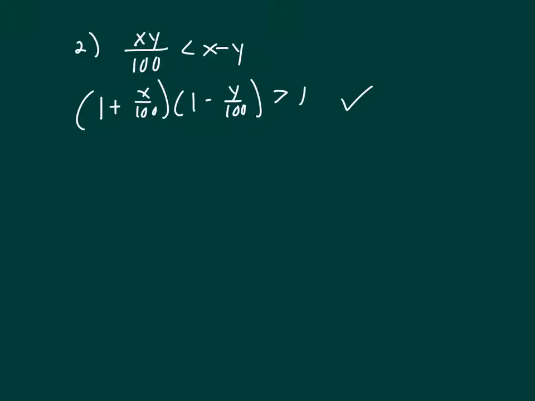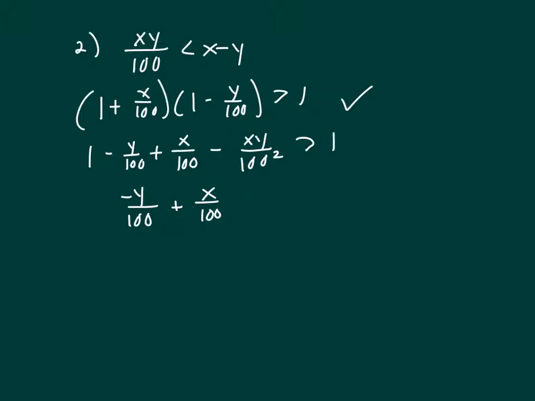So FOIL this out, that's going to give you 1 minus Y over 100 plus X over 100 minus XY over 100 squared, 100 times 100, is greater than 1. Those 1's cancel and you're left with negative Y over 100 plus X over 100 minus XY over 100 squared is greater than 0, because 1 minus 1 is 0.